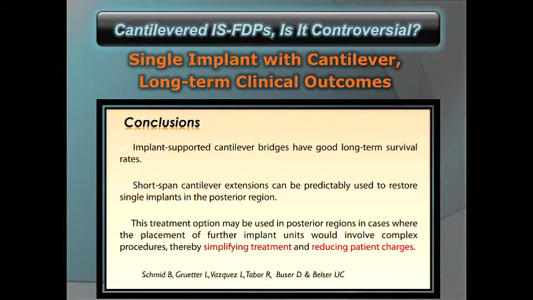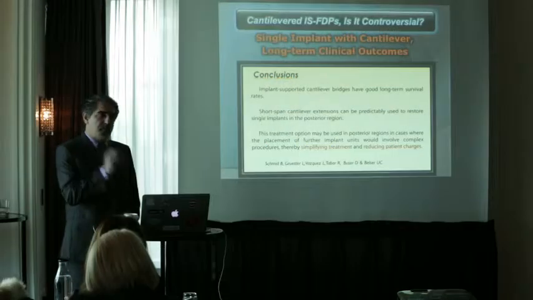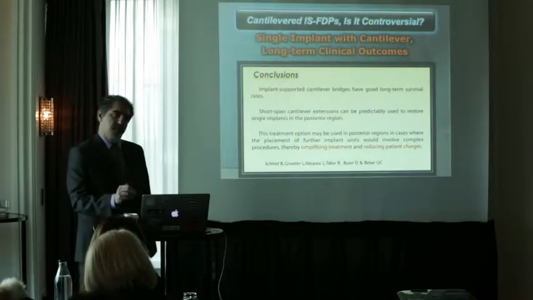But at the same time, it's still very interesting that even with a single implant and then the cantilever, they had no problems with the bone loss. However, the rate of mechanical fractures such as screw loosening and screw fracture was higher. So whenever we have these sorts of biomechanical issues, for sure we're going to have mechanical problems.